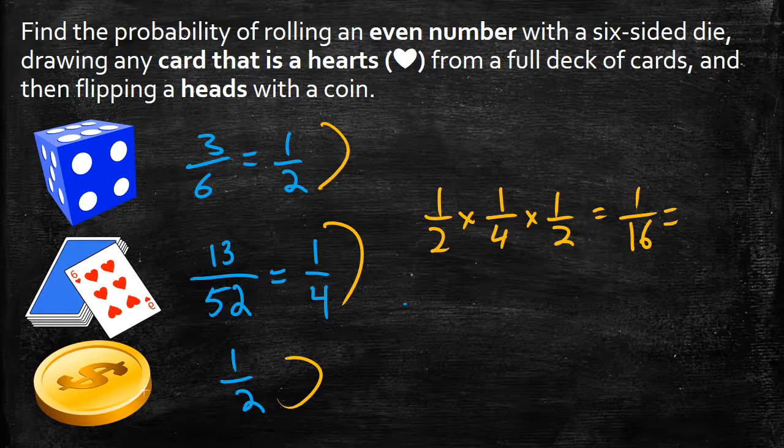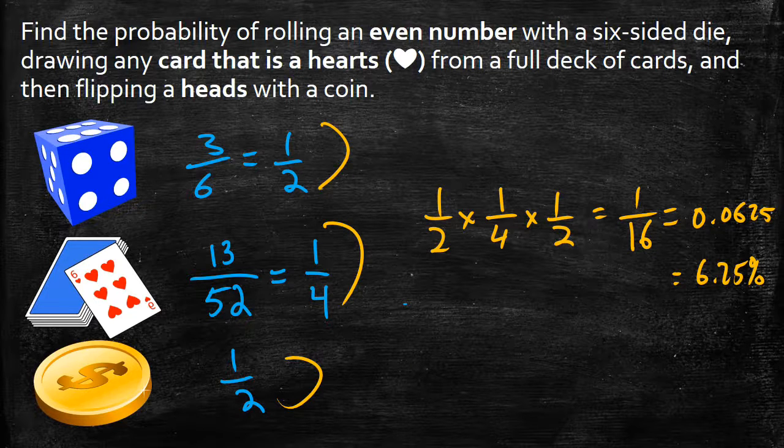And I can turn this into both a decimal and a percent. So 1 divided by 16 is going to give me 0.0625. And in percentage form, that is 6.25%. So in this exact situation, you have a 6.25% probability or likelihood of rolling an even on the die, pulling a heart out of the deck, and then flipping a heads with the coin.